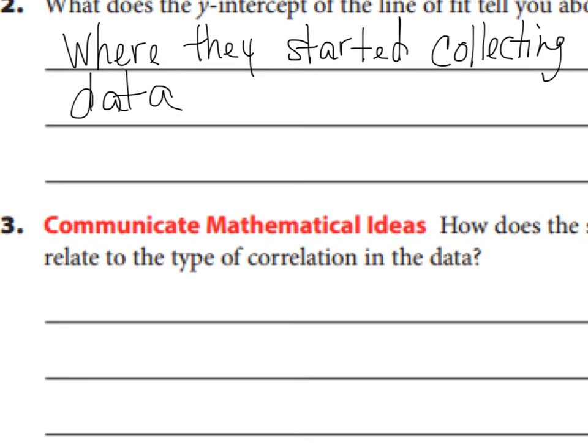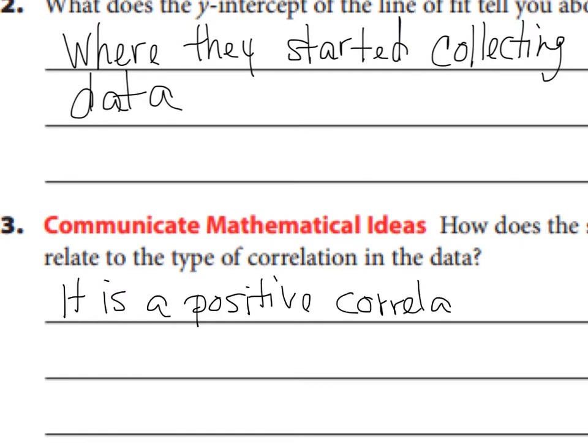And the last question, how does the slope of line of fit relate to the type of correlation? Well, we knew the points were going up. If you look at your slope, it is also positive. So it's a positive correlation, which means the slope is positive.